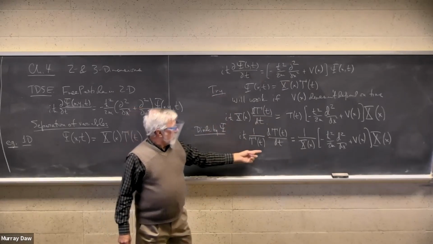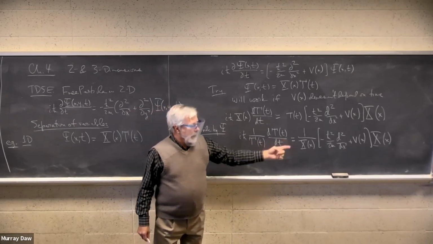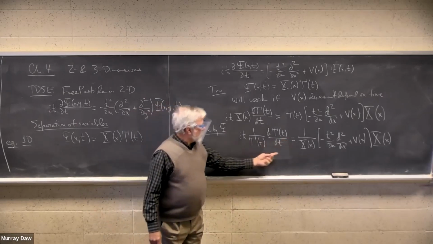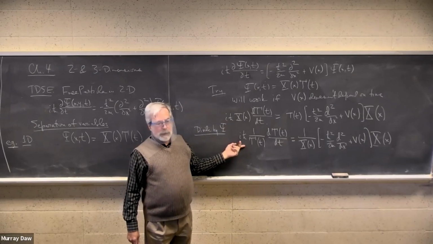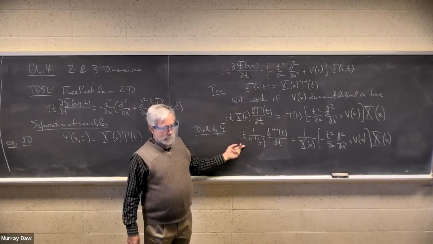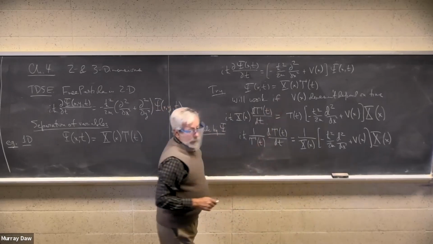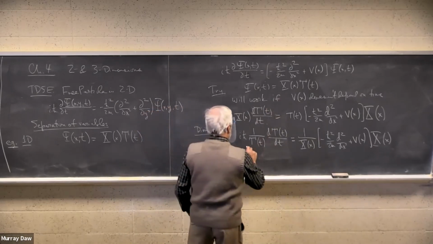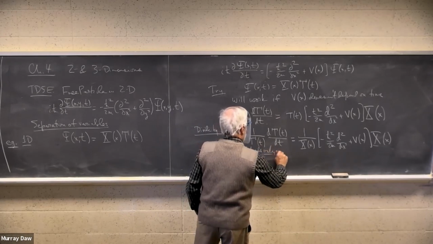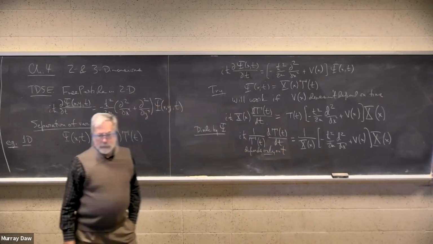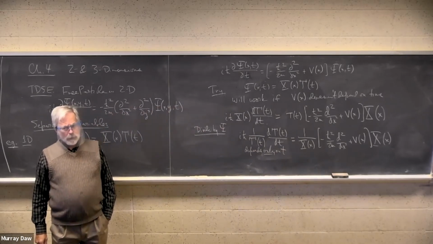We have now a function of x and t on the left and a function of x and t on the right. Possibly, but notice there's no x dependence over here. There's only a t dependence, if we're following our separation. So this depends only on t. There's no x dependence left.